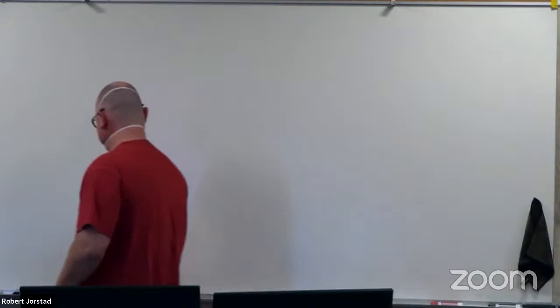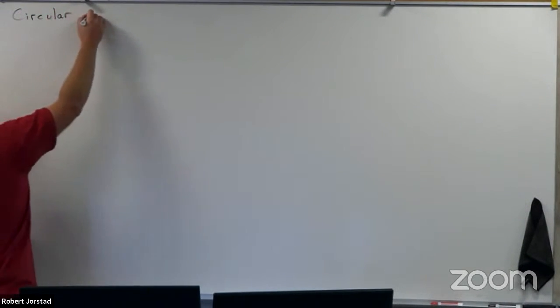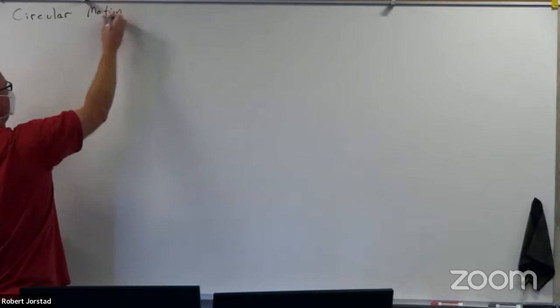In particular, let's actually do this first problem. Look at 6.47 before we do any other work. It's on page 112 for me. Okay, we're talking about circular motion. I'll do a bunch of definitions after we do this first problem to get some insight.